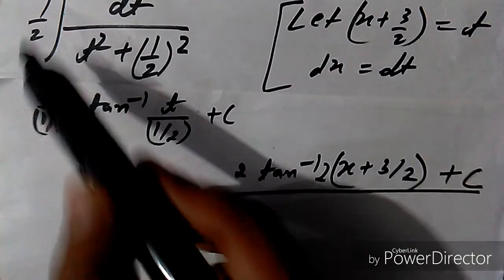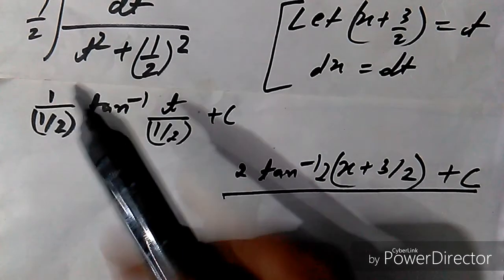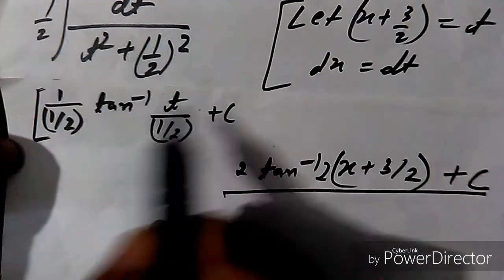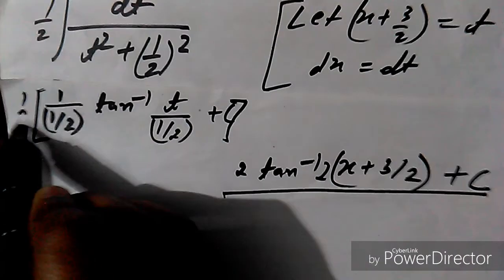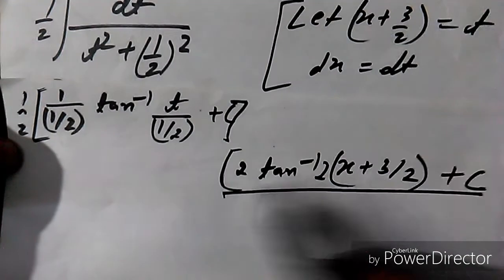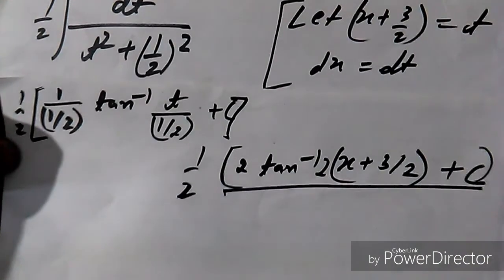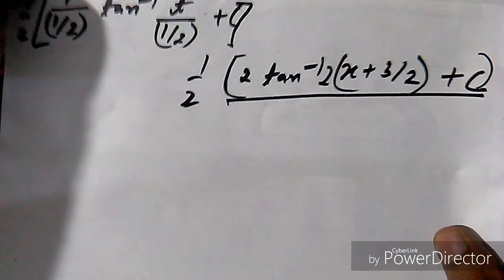Now in the question, that is 1 by 2 there, then we take 1 by 2 in the bracket, 1 by 2, and here 1 by 2. Okay friends, now we solve it.